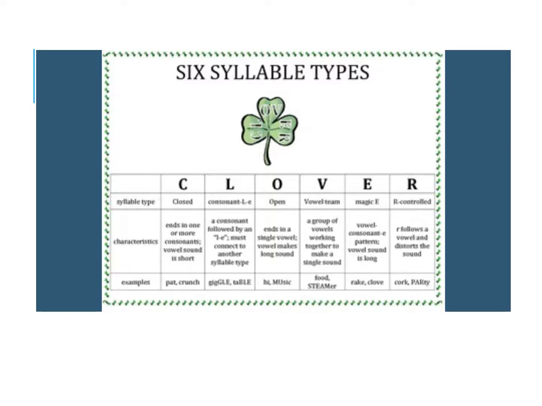And that's where they come up with the clover mnemonic. Content area teachers can strengthen students' literacy skills by further developing these skills in learning the syllable types. And this will help their content area vocabulary instruction.